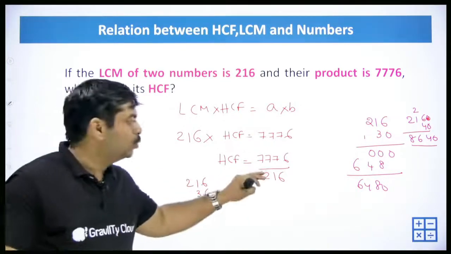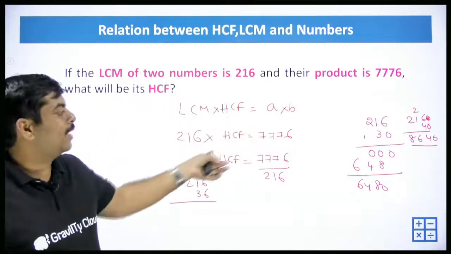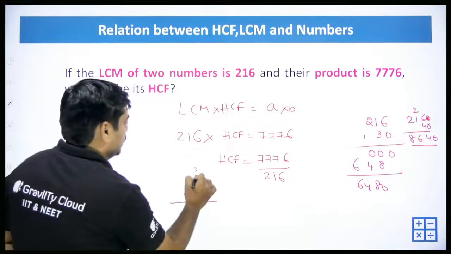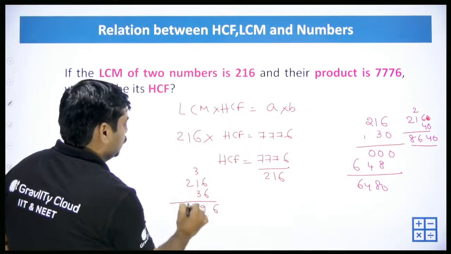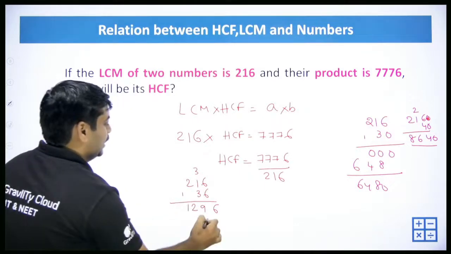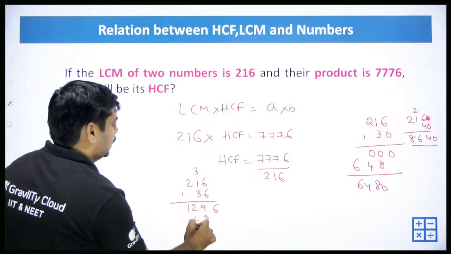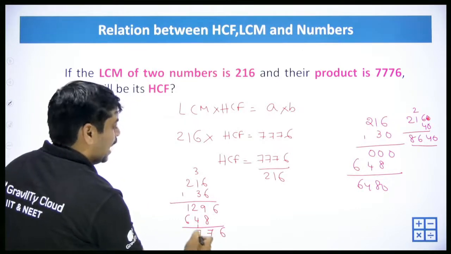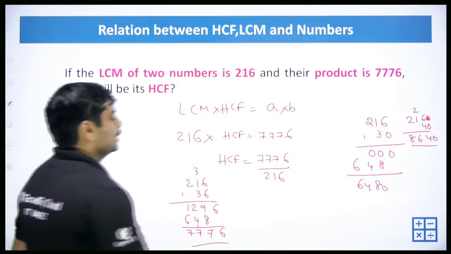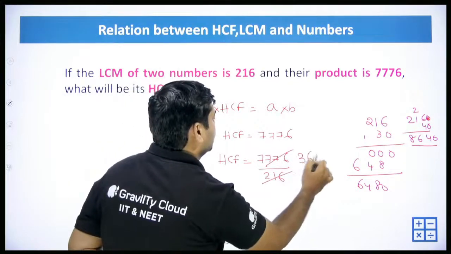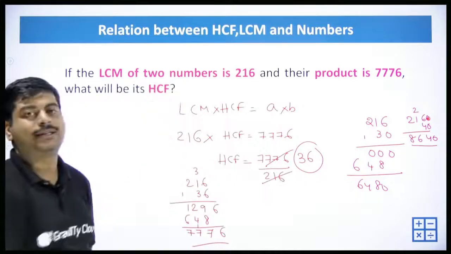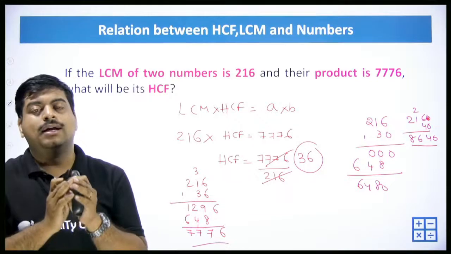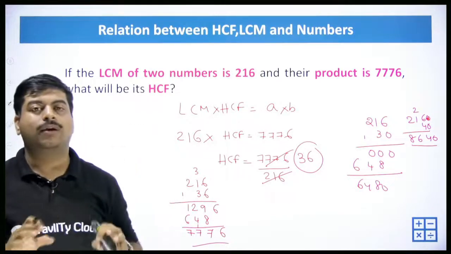You need to cancel with 2, then 3, then 4, whatever it is, but I'm trying to bring the direct factor out of that. 216 into 36 is exactly 7776. So that is how you can find the numbers, or HCF and LCM, when one is missing.